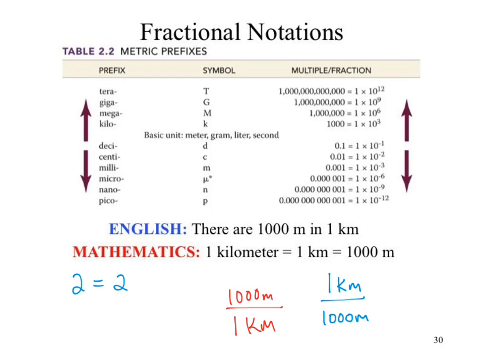Getting our units out of straight lines and into numerator-denominator. The numerator-denominator is really going to help us out when we deal with our calculations in units that we don't understand.